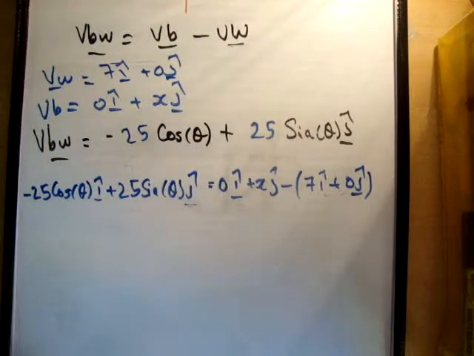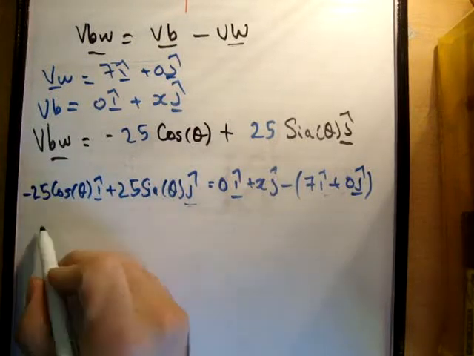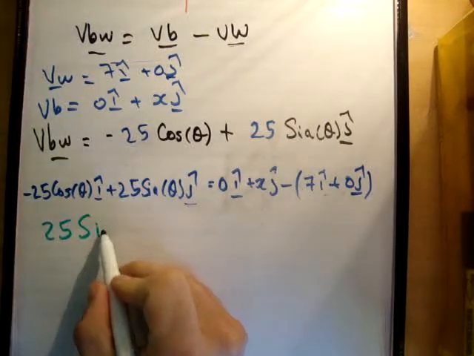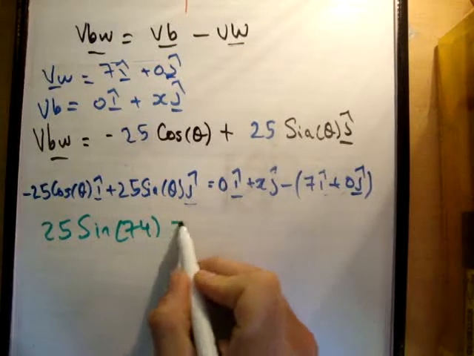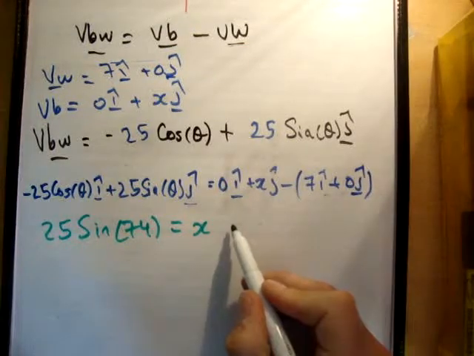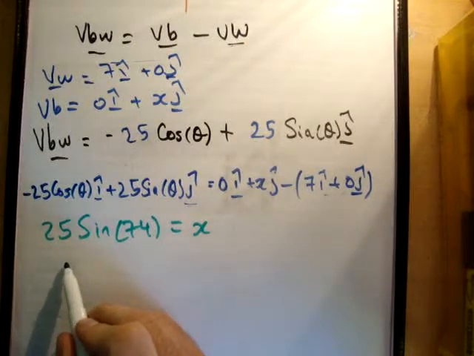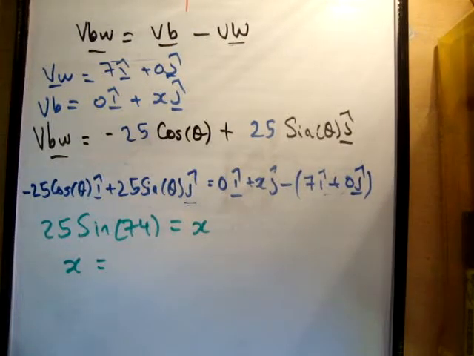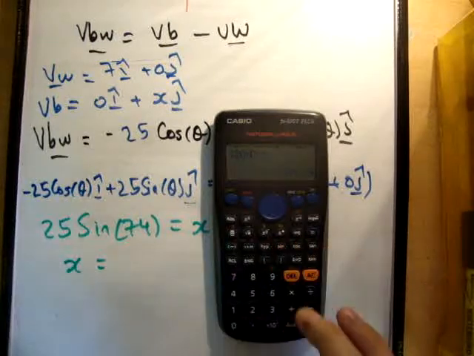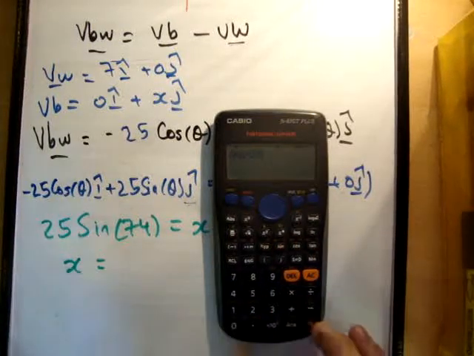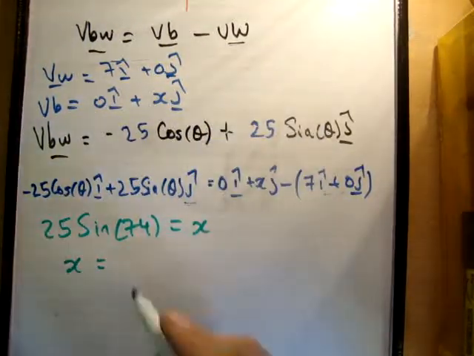Now if you go back up here, that means of course that 25 times the sine of 74 is equal to x, just equal to x plus 0. So therefore x is equal to the sine of the answer multiplied by 25, giving us 24.